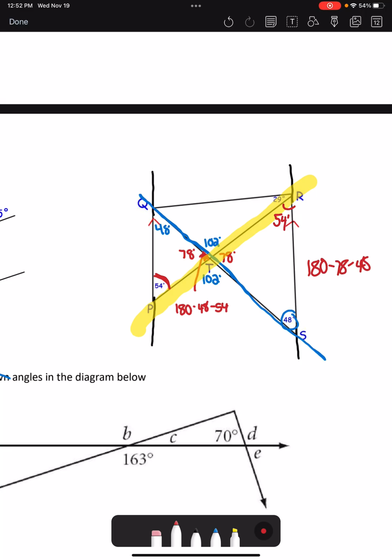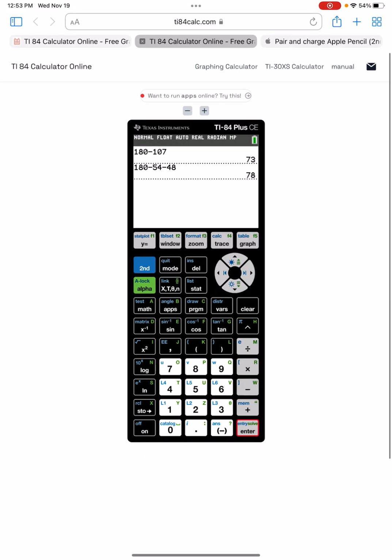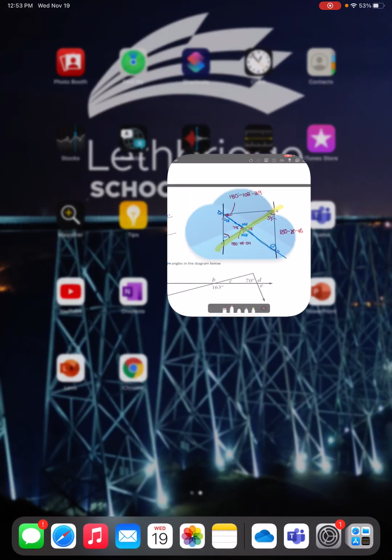Okay, and then the last angle, we could do the other triangle, which is right here. And we're gonna go 180 minus 102 minus 29. Let's go ahead and type that in our calculator, and that's gonna give me this missing angle right here. 180 minus 102 minus 29, and that gives me 49 for my angle.